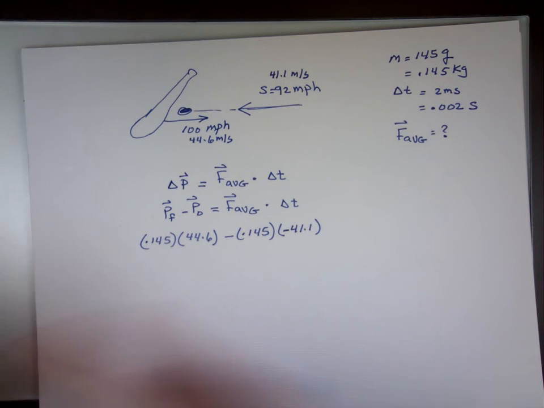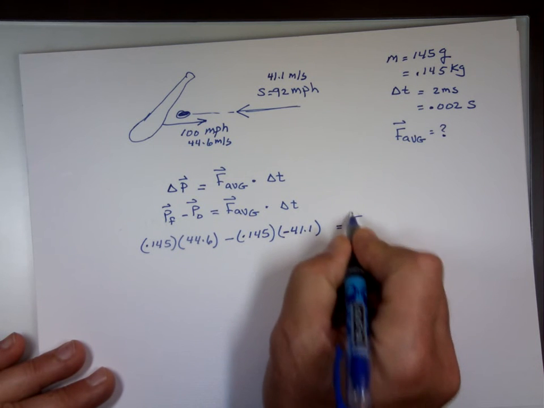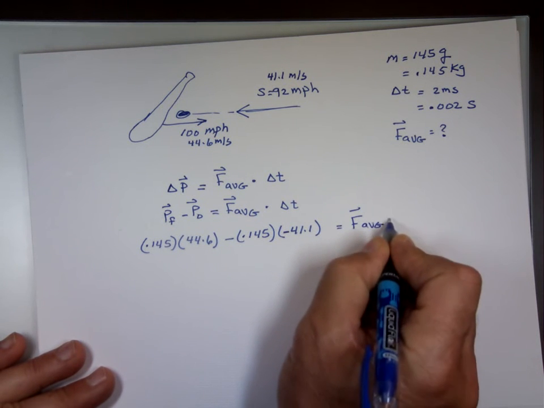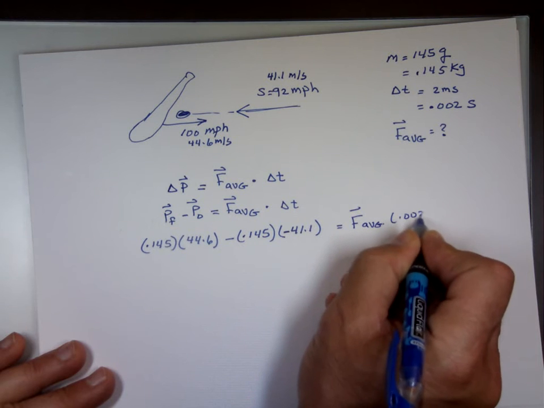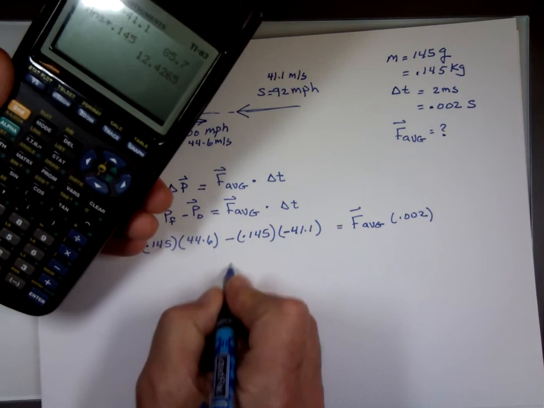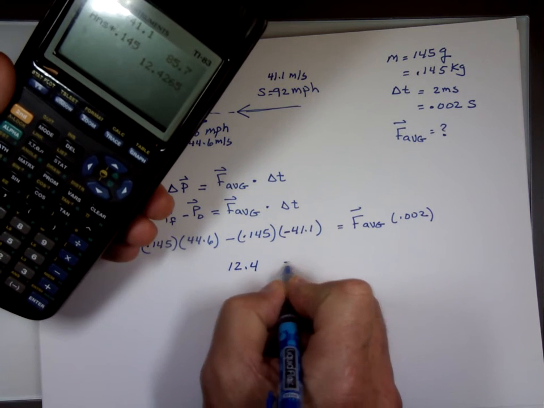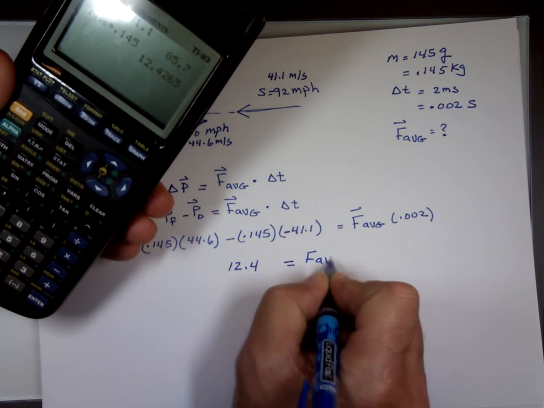So now we do the math here. Minus and minus becomes addition. And we know the time, which is 0.002. So if I do the math here, it is 12.4 equals F average times 0.002.